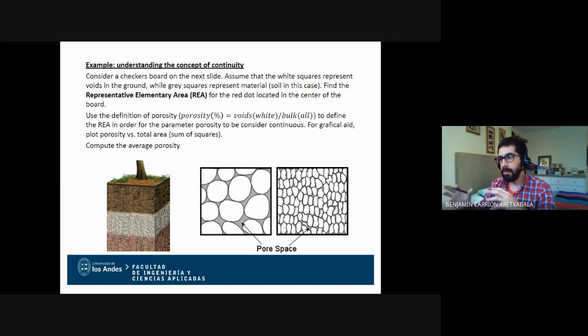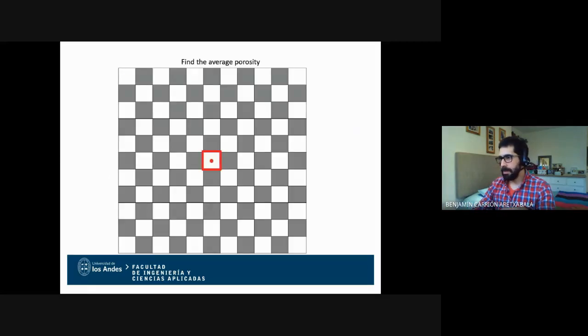So for porosity to be meaningful for us in this continuum approach, you really need it to be over a large area. Let's use this example. Let's say this is a checkers table. Let's say the whites are voids and the blacks are soil. If you look at the red square, you're going to think that all of the soil is made out of voids, right?